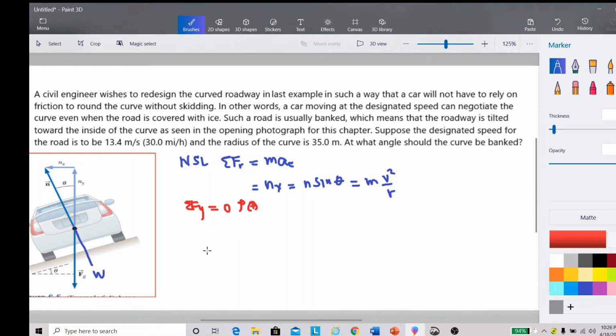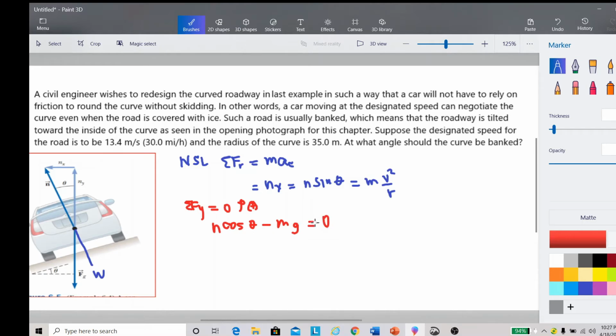The force acting upward is n sub y, and n sub y is n cosine of theta, minus the force of gravity, which is the weight. We have an unknown mass, so we have mg, and that will be equal to 0.